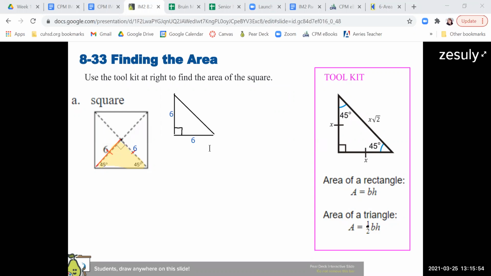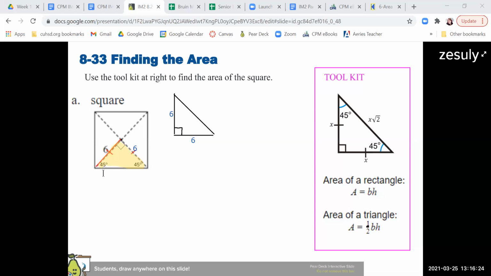So here is how we can find the area of this. Remember that in a triangle, the base and the height are always perpendicular to each other. So if we have a triangle that happens to have a right angle in it already, then these two sides are the base and the height of the triangle, even if they didn't look like it in the diagram originally.